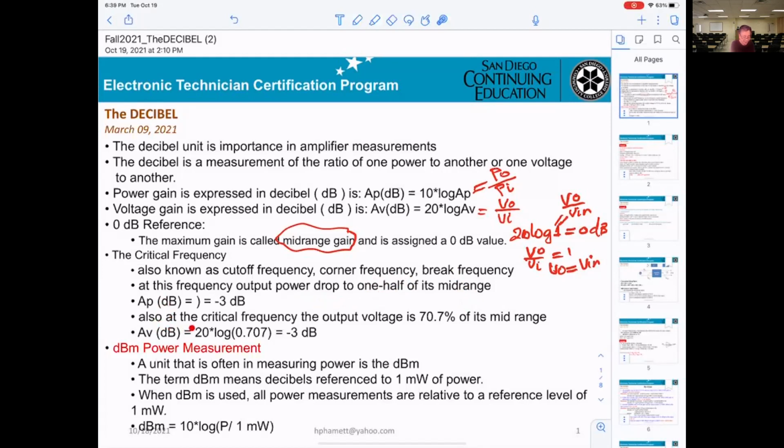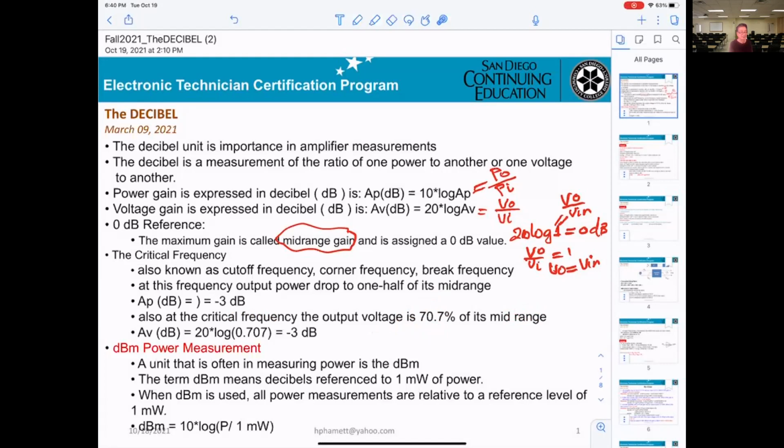Also, at the critical frequency, output voltage is dropped to 70.7% of its mid-range. That means when you apply 10 volt, okay, at the mid-range, output is still 10 volt. No loss. However, at the critical frequency, output will go down to 70.7%. That means output is now only 7.07 volt.